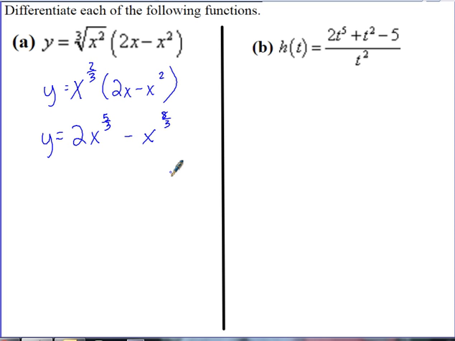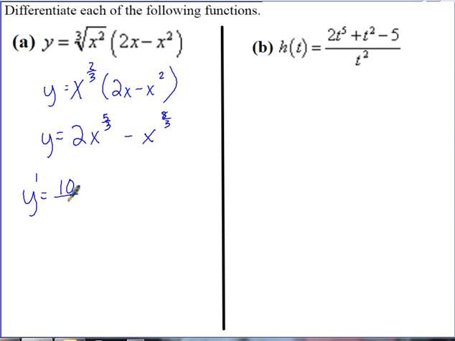I haven't even done the derivative. That was just my equation. So now let's actually do the derivative. So, what am I going to do? So 5/3 times what? What's 5/3 times 2? 10/3, right?